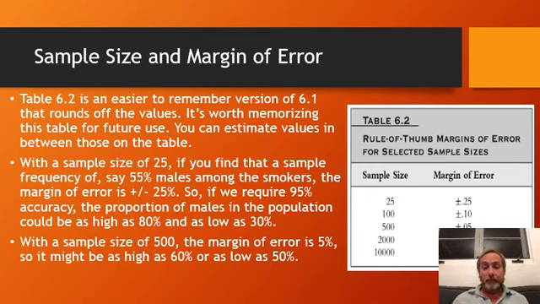With sample size 500, we've got a much smaller margin of error, only 5%. So again, if you found 55% males in your sample, the probability in the actual population would be somewhere between 50% and 60%, a much smaller range. So bigger sample size, smaller margin of error, and at 95% confidence, you've got a tighter range.